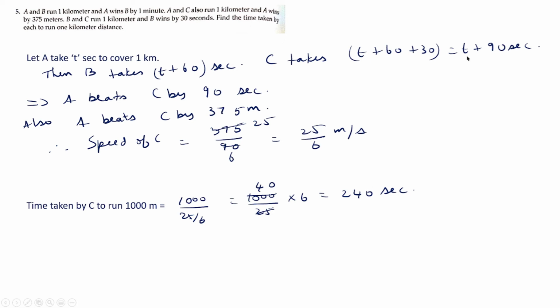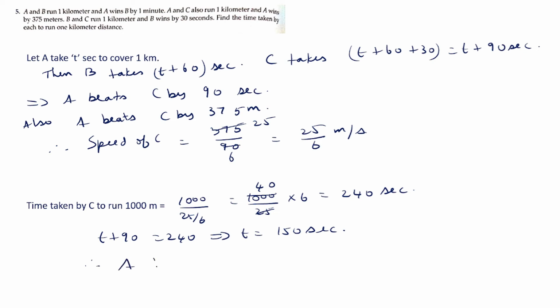Now we got t plus 90 as 240. From this we can find t. T plus 90 equal to 240 implies t is equal to 240 minus 90, which is 150 seconds.